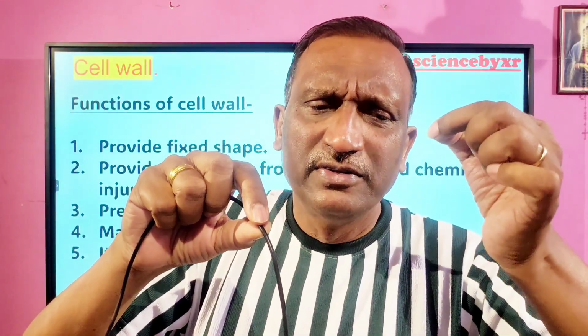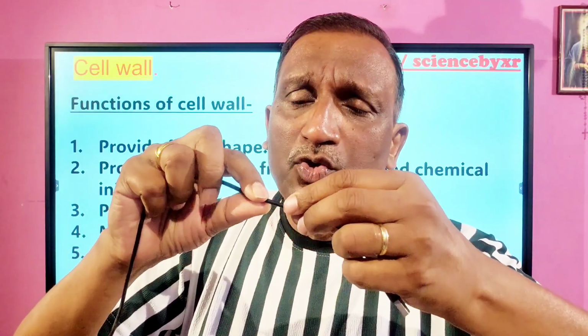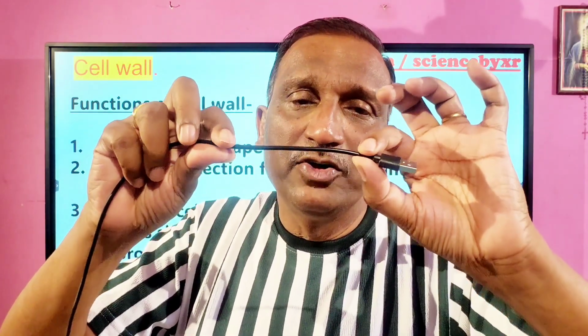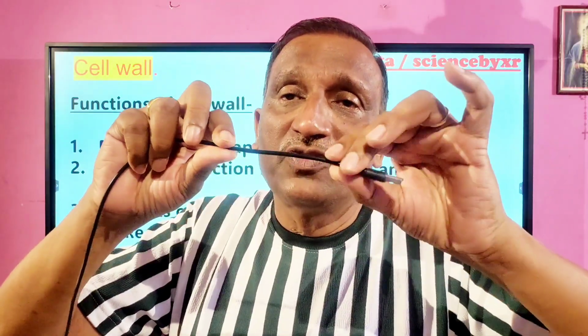In this there are several fine wires, and between the 2 or 3 or 4 or 5 wires which are there inside this, maybe 8 or 16 wires, there is a lot of space.